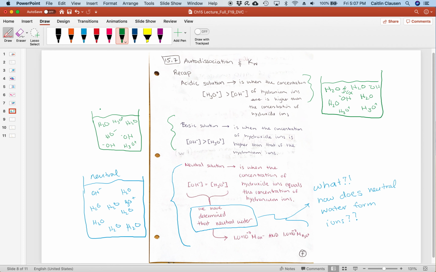So for auto dissociation and KW, we are going to look at this phenomenon, how water can actually dissociate itself. That's what auto means. And it has a very special equilibrium constant.